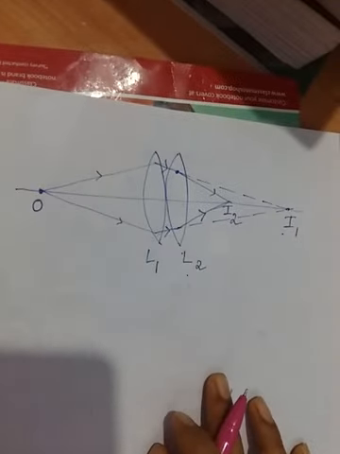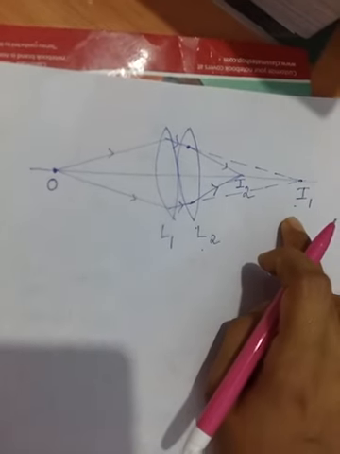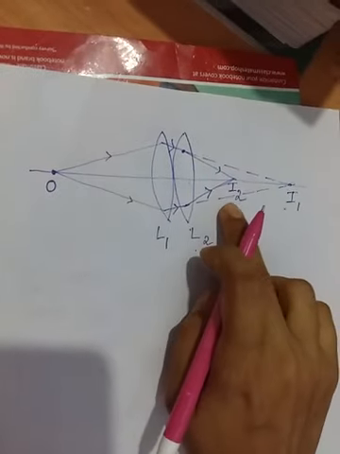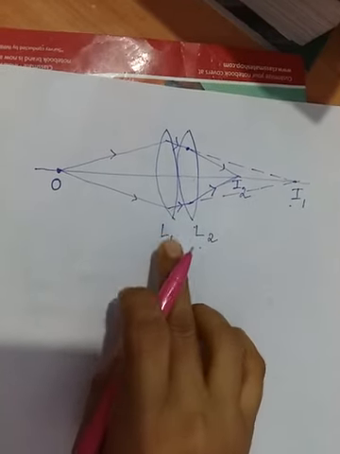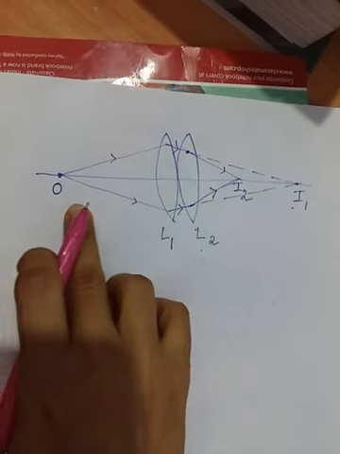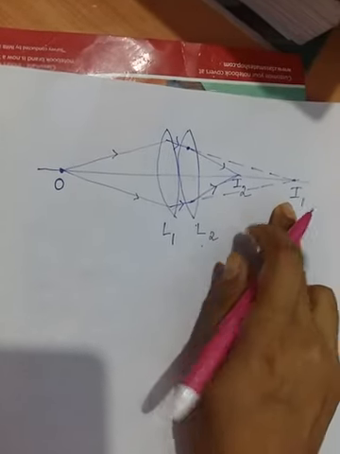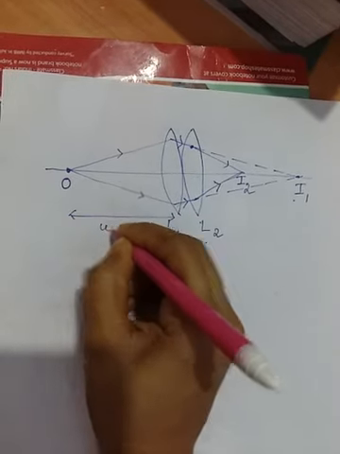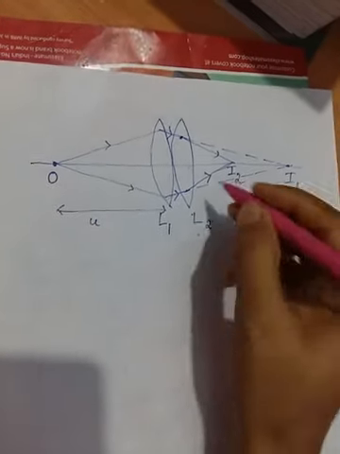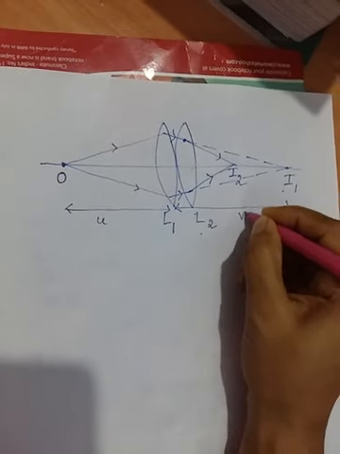If we consider the lens L2, then I1 is acting as a virtual object and I2 is your real image. For L1, O is your point object and I1 is the image. If this is your object distance for L1, then this will be your image distance for L1.